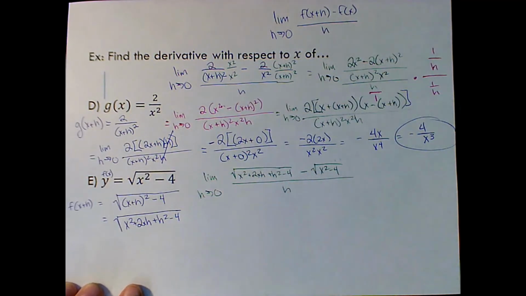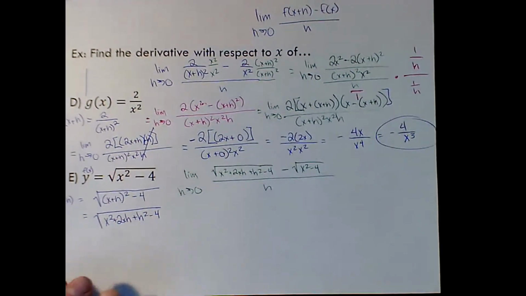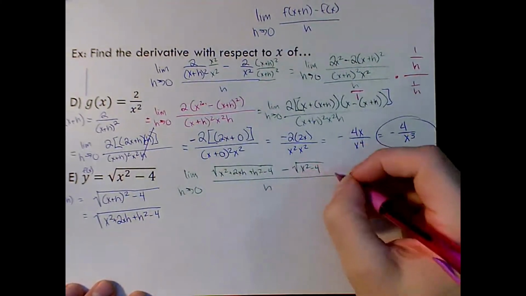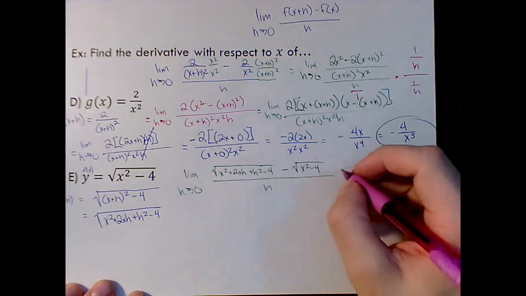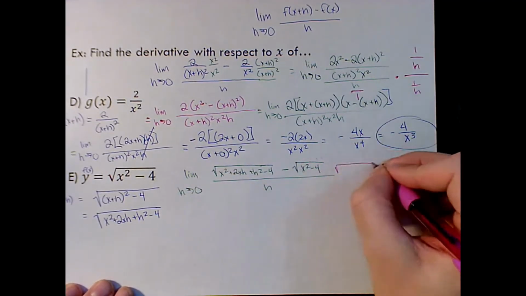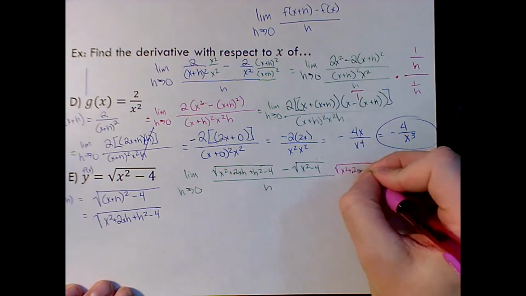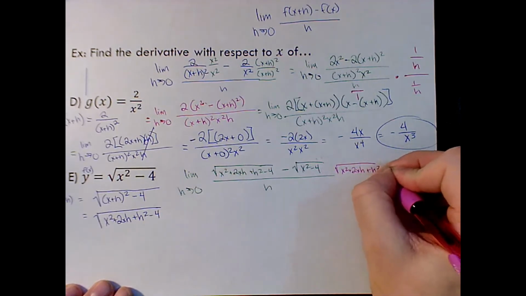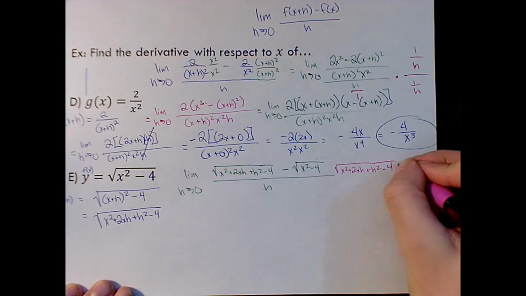We're going to do that rationalizing the function thing again, where we're just going to multiply the top and the bottom by this exact thing, but we're going to throw an addition sign in between. So I have root x squared plus 2xh plus h squared minus 4 plus root x squared minus 4.